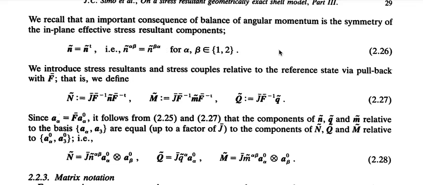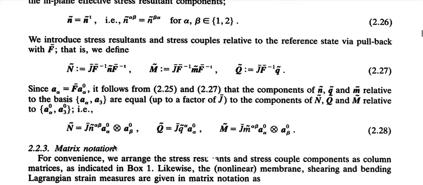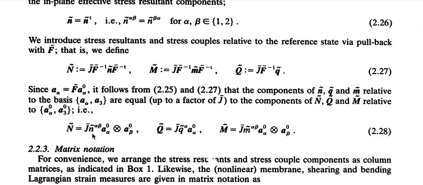We had n tilde alpha beta, which is equal to n tilde beta alpha, and similarly m tilde beta alpha and q tilde alpha terms. We had those terms, and those were along the convected basis of the deformed shell configuration. So you can imagine it like this. It was n tilde alpha beta a alpha tensor product a beta.